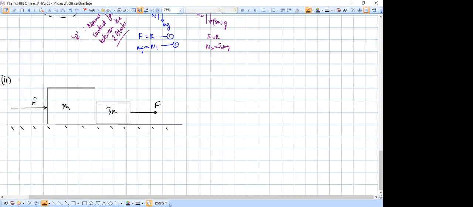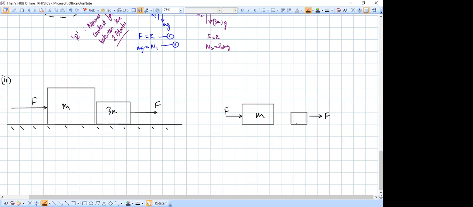Okay, suppose situation had been like this, that there is actually some gap between the two blocks. Like this. And you are applying forces of same magnitude and in same direction on both of them.